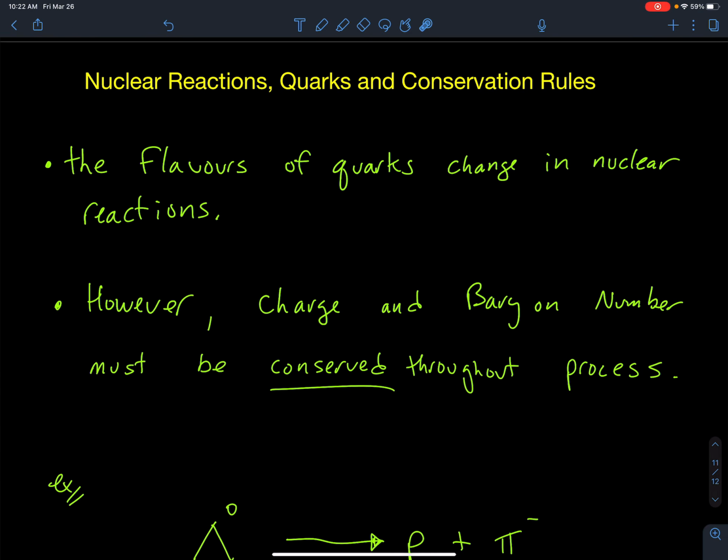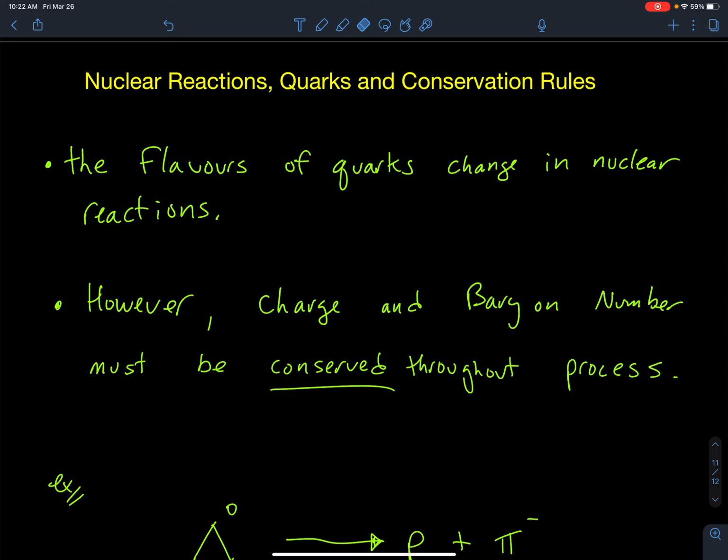All right, so what can we do with this? Well, in nuclear reactions, we've seen things like neutrons being converted to protons, right? In order for that to happen, the quarks inside of them had to have changed their flavor. So an up quark has to change into a down quark. And what causes that to happen is the exchange of a meson, or a force-mediating particle. So 2 protons have to interact, or 2 neutrons interact.